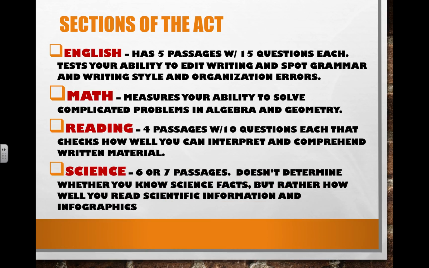Science has 6 to 7 passages. It doesn't determine whether you know science facts like biology or physical science, but rather how well you can read scientific information, understand the scientific method, and interpret data, charts, and infographics.